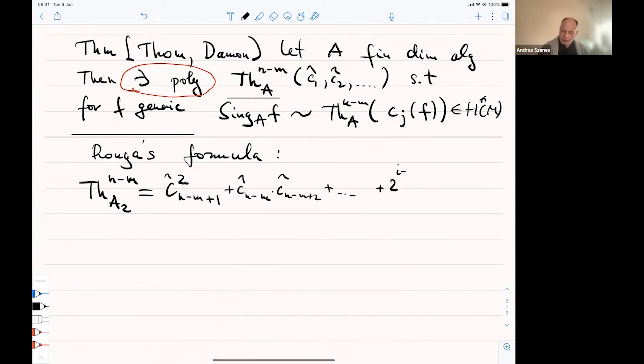So it's 2^(i minus 1) of Cn minus m plus 1 minus i, and Cn minus m plus 1 plus i, and plus etc. So it's a formal infinite series, which of course stops, because if one of these indices becomes negative, then the series stops. Okay, so this is the formula of Ronga.